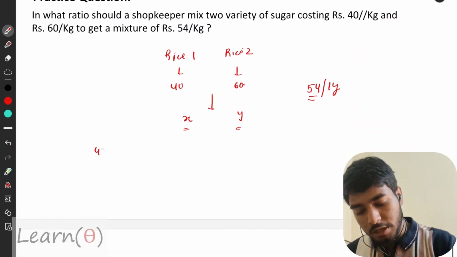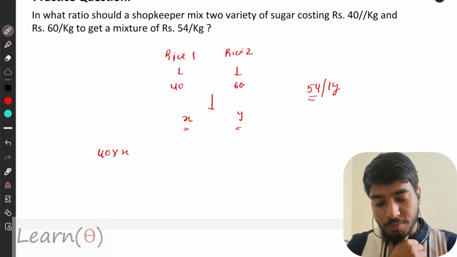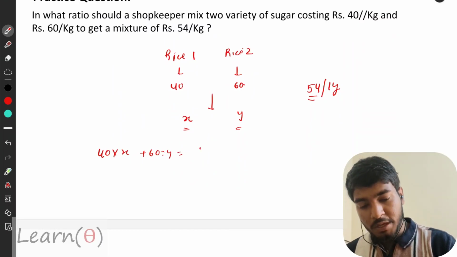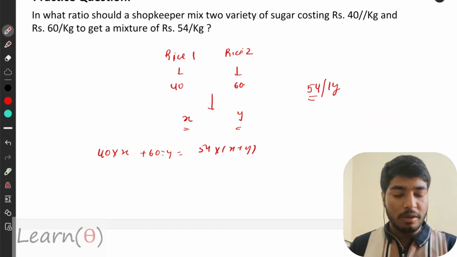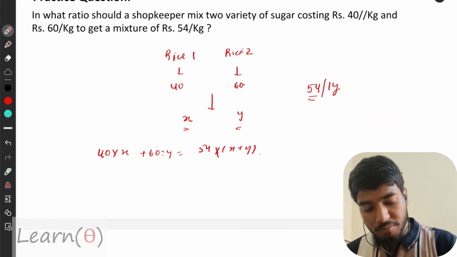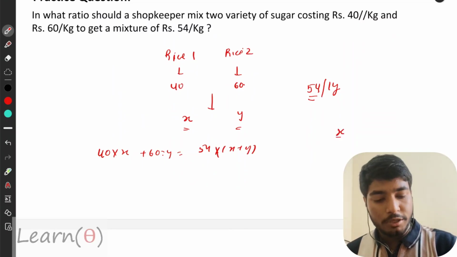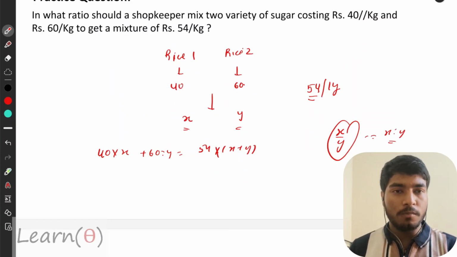So can I say that 40 into x plus 60 into y should be equal to 54 into x plus y, because both of them have been mixed together? I think this is a good question. After this, you have to find the ratio. Therefore, you will have to find the value of x is to y. I think it's in front of you.